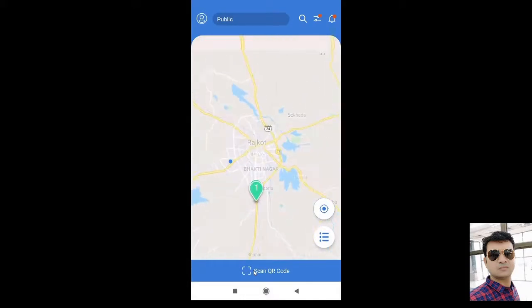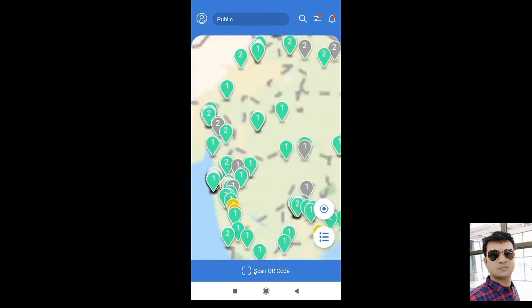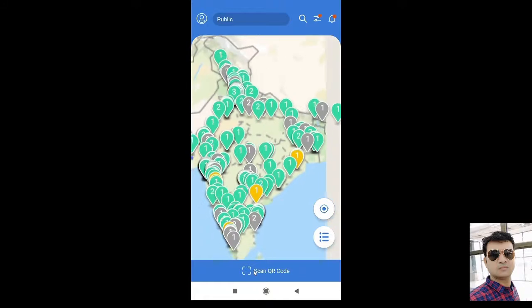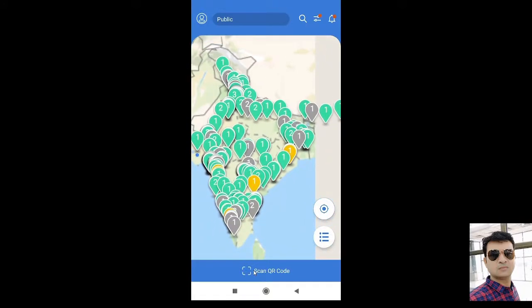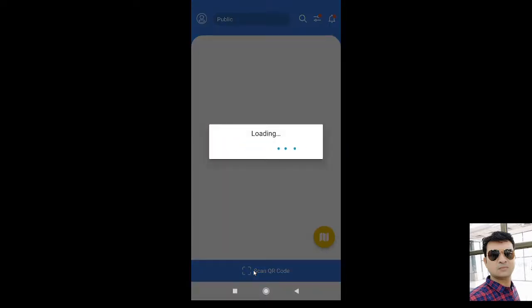So these are the DC chargers in India. Now let us see its address. This will give you information about its address.